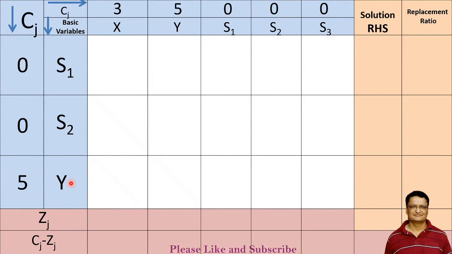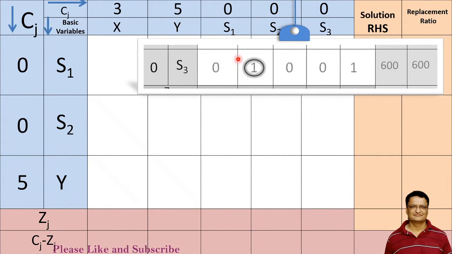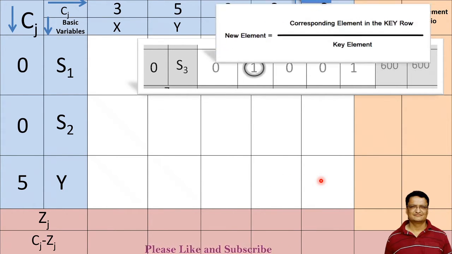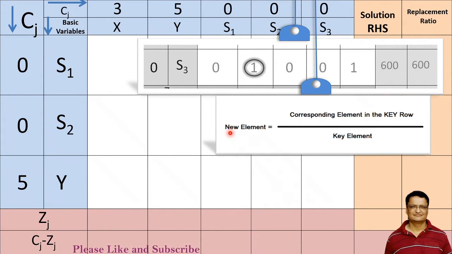So I will pull out the key row from the previous table. So this is the key row from the previous table and we want to transform this key row into a new row at the same location but with certain modification, and that modification is that the new element in this row will be given by the corresponding element from the previous row divided by the key element from the previous table, right?